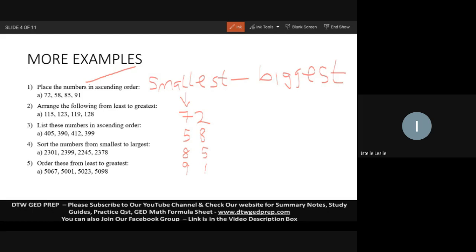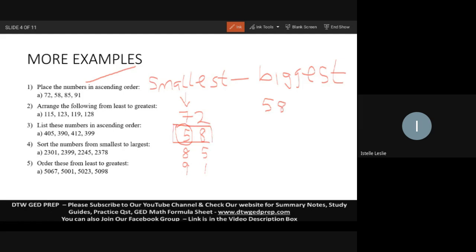Which is the smallest? We have 7, 5, 8, and 9. The smallest is 5. Since there is no repetition of 5, we pick this to be the smallest. So this is already out.